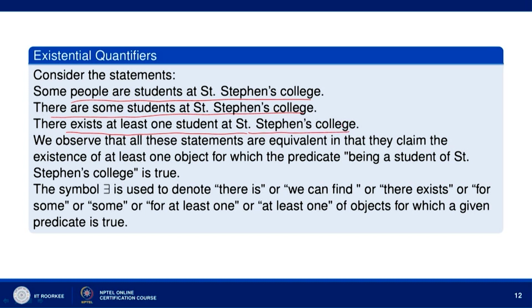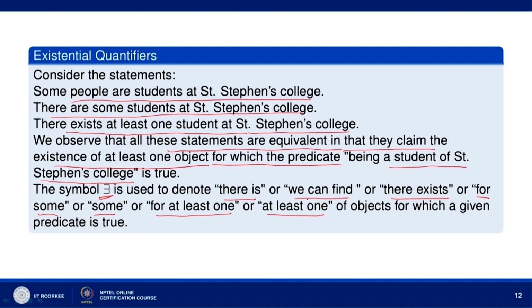Now, notice that all these statements are equivalent in that they claim the existence of at least one object for which the predicate, a student of St. Stephen's College, is true. This symbol is used to denote there is, we can find, there exists, for some, for at least one.